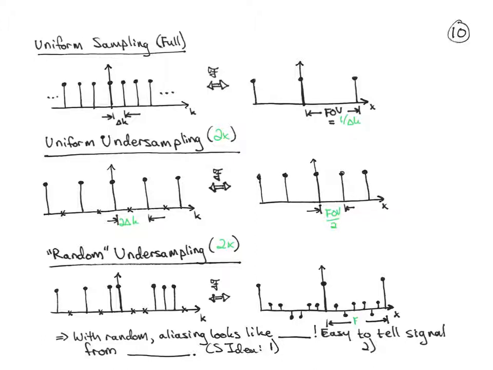Here, this is the field of view again, so the two biggest spikes are still separated by the field of view. So with random sampling, it turns out that aliasing looks like noise, and so it's easier to tell signal apart from aliases.